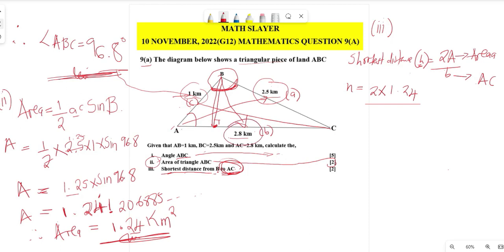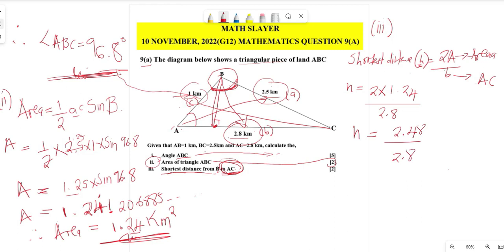AC you have been given as 2.8 kilometers, and when we simplify, H is equal to 2 times 1.24. The answer is 2.48, divided by 2.8.